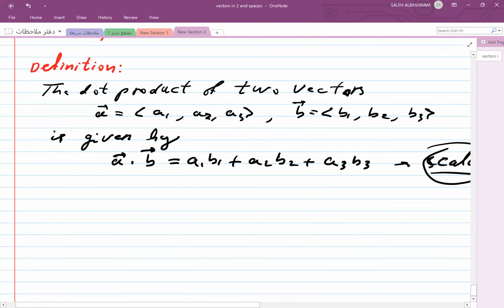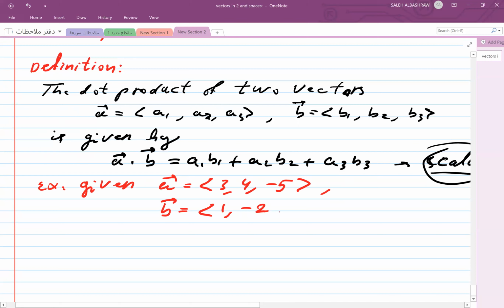For example, given A is equal to 3, 4, minus 5, B is equal to 1, minus 2, and let's say 9.